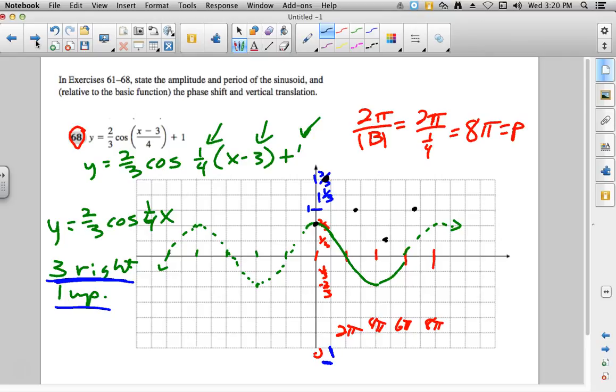And because we knew that this was going to be shifted 1 unit up, we can always go back and take a peek and make sure that we're looking symmetric. We're looking like we are cutting everything in half there, and we are. That amplitude, and you just continue that pattern.